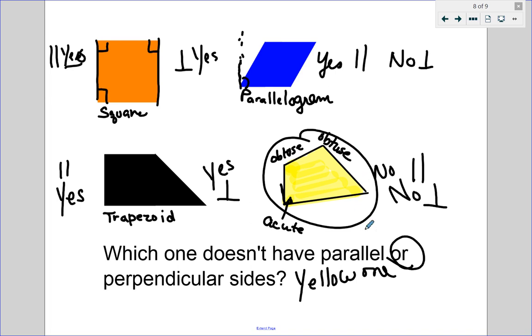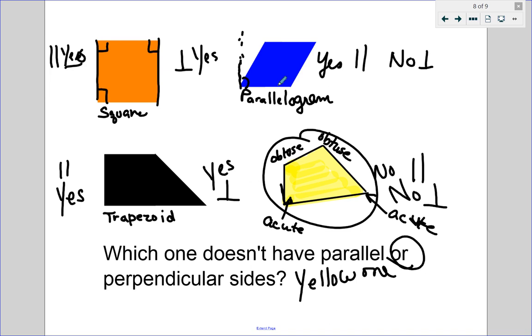And then this one here is smaller, so we call that, again, acute. So this one has two acute and two obtuse. This one has two right, one obtuse, one acute. This one has an acute, an obtuse, an acute, and an obtuse.